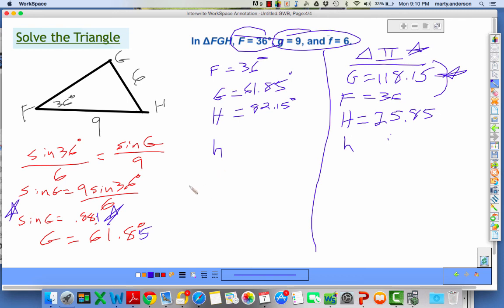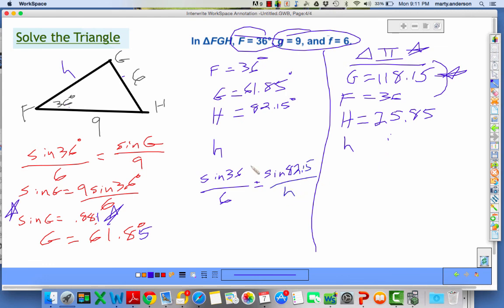So for this one to solve for little h, I could use the sine of 36 over 6 equals, again, use the givens whenever you can, 36 and 6, equals sine of 82.15 over h.